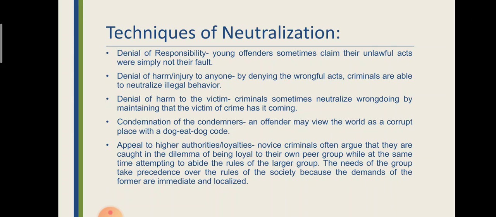Number 3, denial of the victim. Criminals sometimes neutralize wrongdoing by maintaining that the victim of the crime has it coming. So, vandalism may be directed against a disliked teacher or neighbor. Homosexuals may be beaten up by a gang because their behavior is considered offensive. So, ignoring the right of the absent victim, like stealing from the unseen owner of the department store.